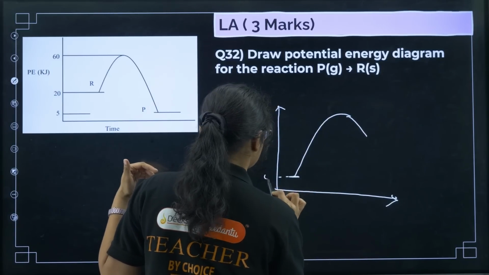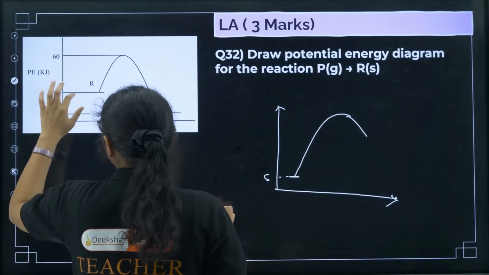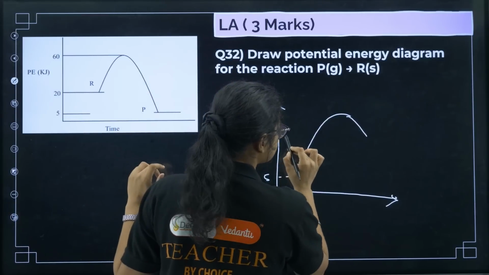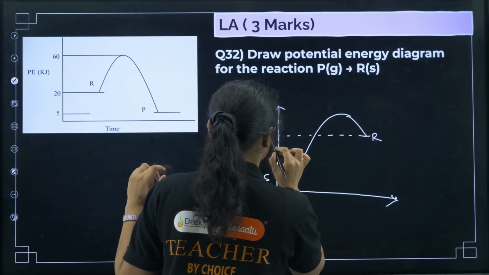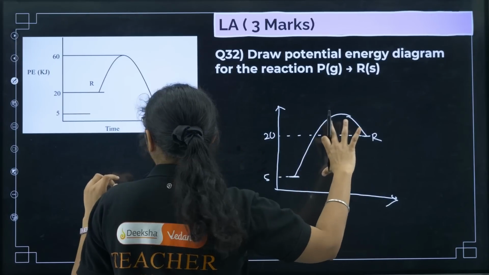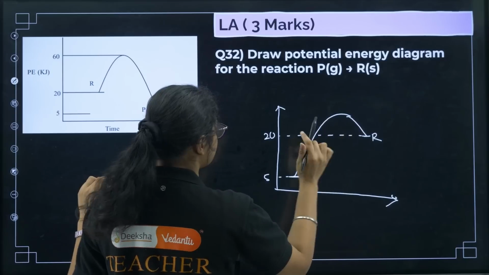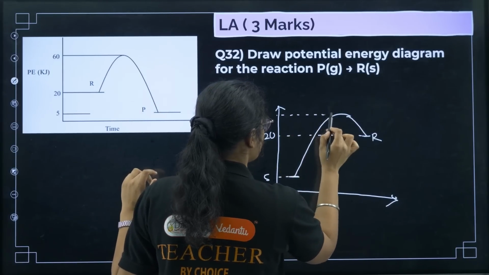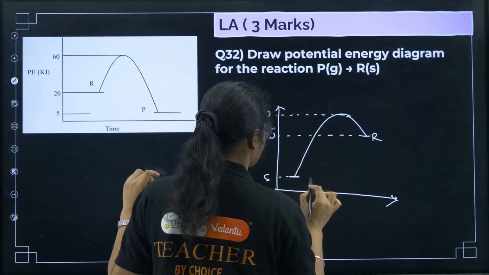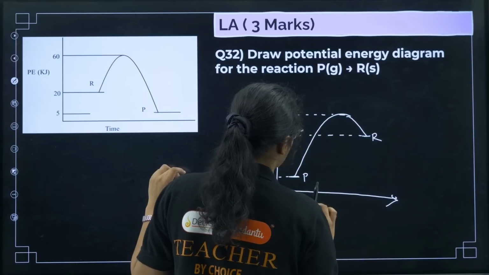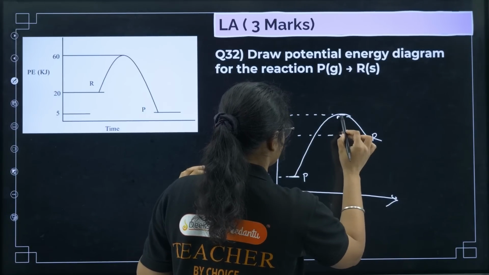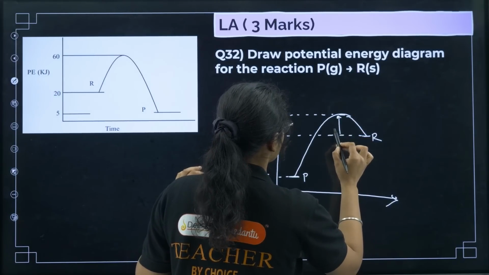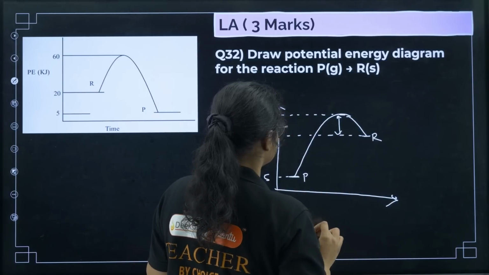P energy was 5, R energy is 20, so this is R where I have 20. Now what is the activation energy that I have to give here? The threshold energy is obviously 60. So this is P, this is R, and the energy that I have to provide here is my activation energy.